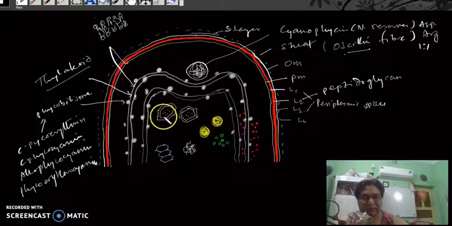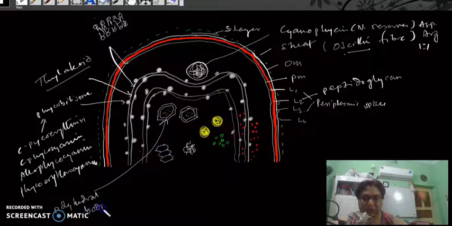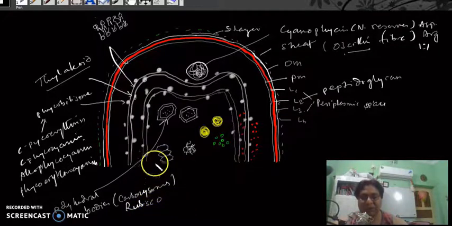And these are polyhedral bodies, also called carboxysomes, because they contain the enzyme rubisco, that is the enzyme for carbon dioxide fixation.